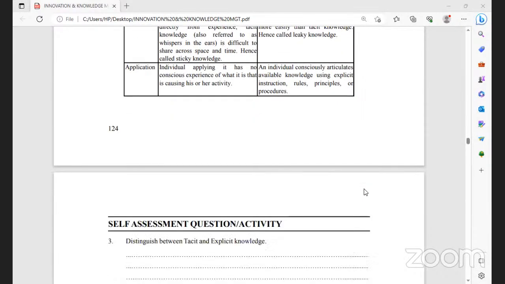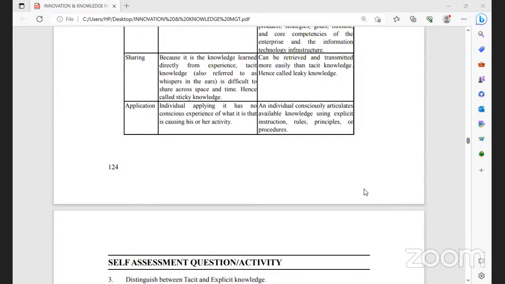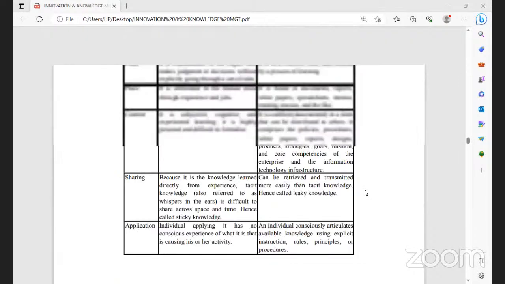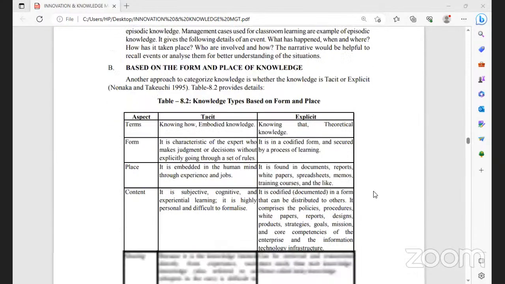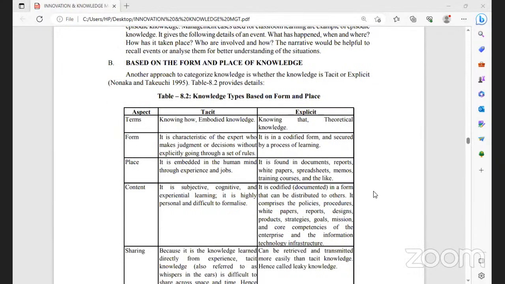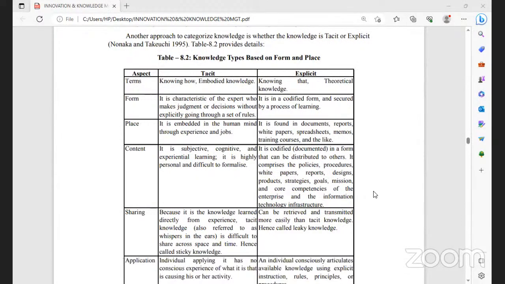Finally, application: the individual applying it has no conscious experience of what is causing his or her activity. And coming to the explicit environment, in terms of knowing that, theoretical knowledge in the form aspect is in a codified form like binary coding, etc., and secured by a process of learning.